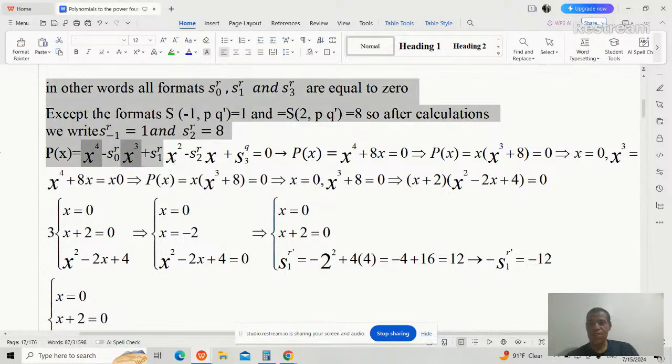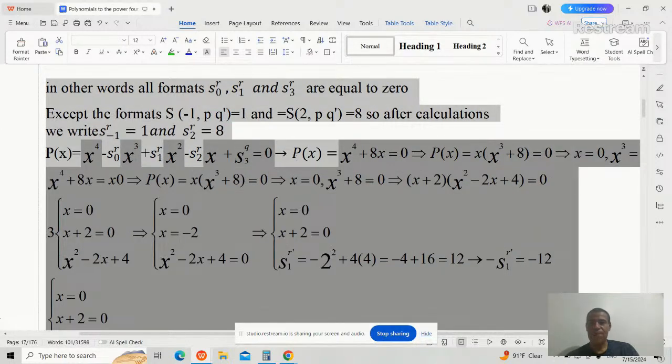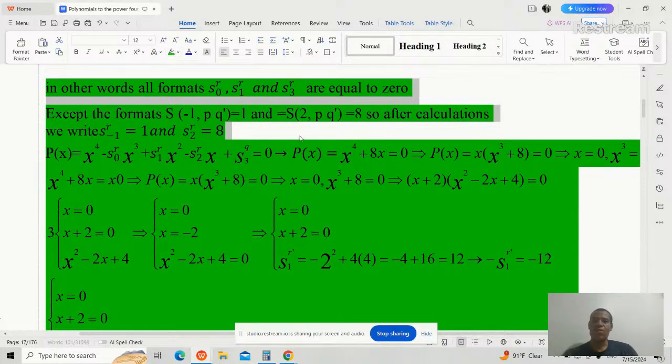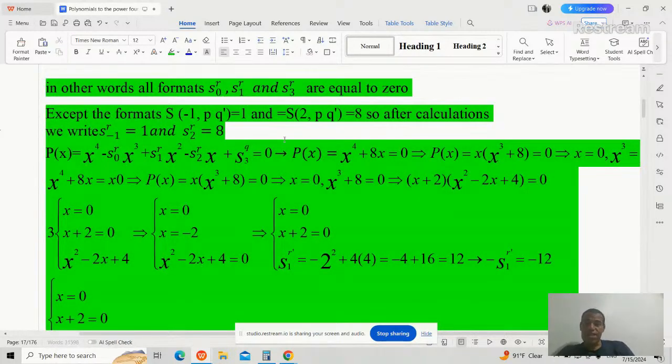Therefore, learners, let's see the new polynomial that we are going to write. The new polynomial has to be written as that: polynomial of x is x raised to the power 4 minus s0 of order r, which is 0, x raised to the power 3, plus s1 of order r, which is 0 here, x raised to the power 2, minus s2 of order r, which is equal to 8, times x, plus s3 of order q, which is equal to 0.